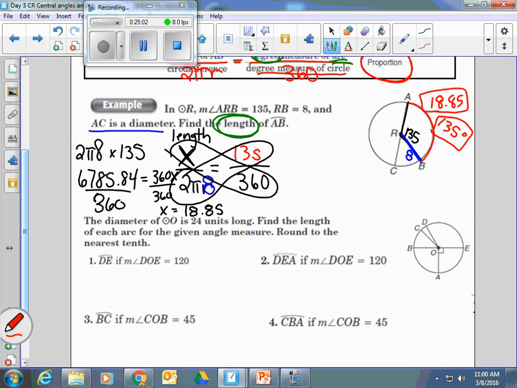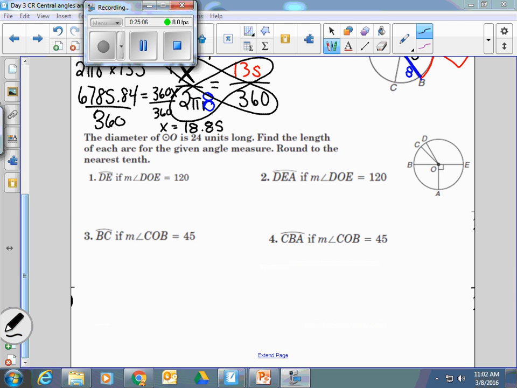Are we okay? I want you to try number 1. Let's see what we did. First off, what's the key word? What's the thing that made the light bulb go off? Length. So you circle the word length, and that tells me to set up the formula. What goes on the bottom right here? 360.